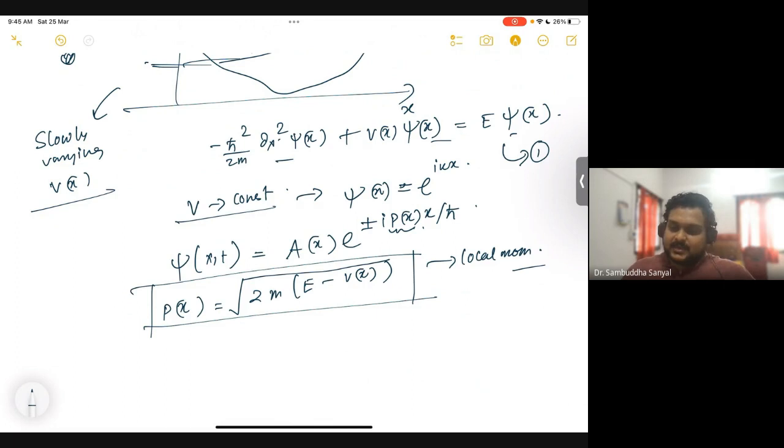This is my trial solution, and there is nothing very special about it because it's a general form. I could have written this as a generic exponential term, but I have this plane wave interpretation where I'm saying my potential is slowly varying. So effectively, I'm solving a plane wave equation where the effective energy is E minus V of x, and since V of x is so slowly varying, it's almost like a constant.